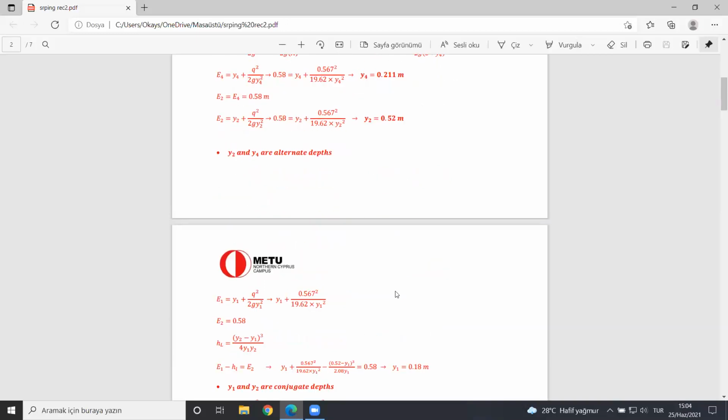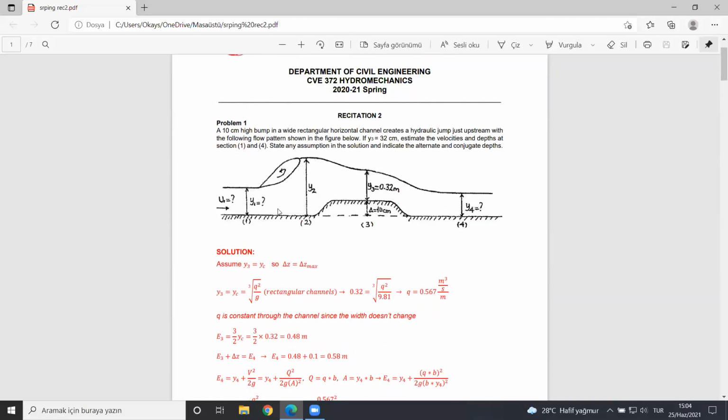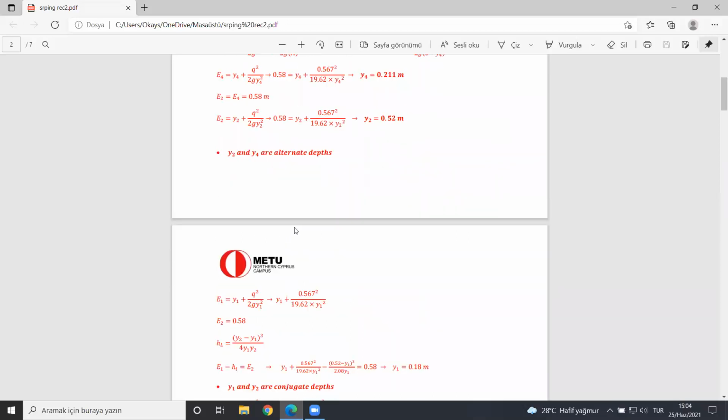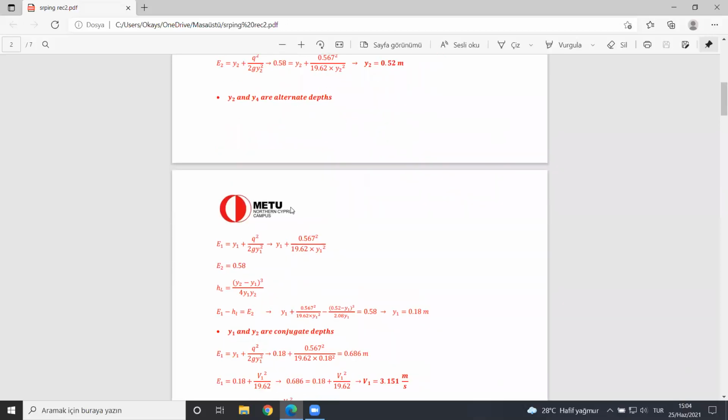Then we also need to calculate the flow depth at section 1, because the question is also asking that. So I'm writing the energy equation one more time for section 1, which is y1 plus small q square divided by 2g y1 square. I put in the known parameters, like small q and the gravitational acceleration.